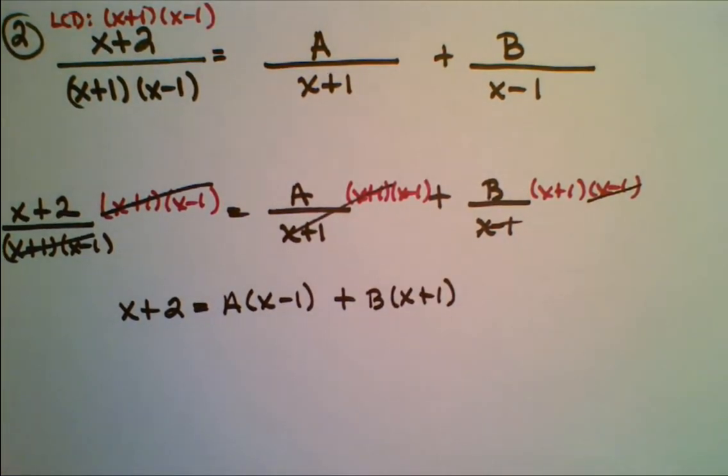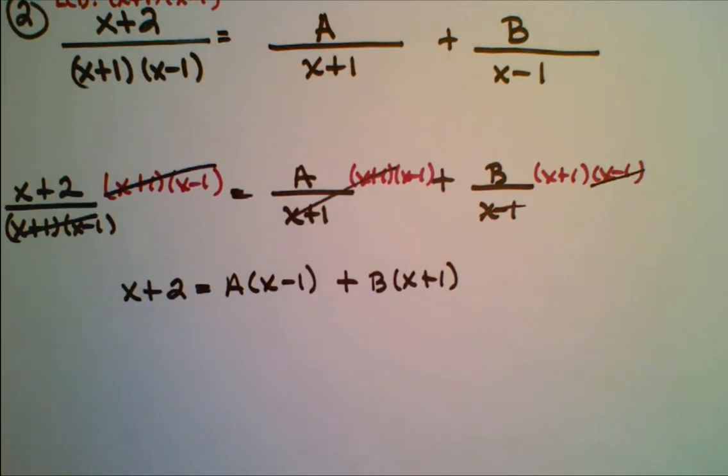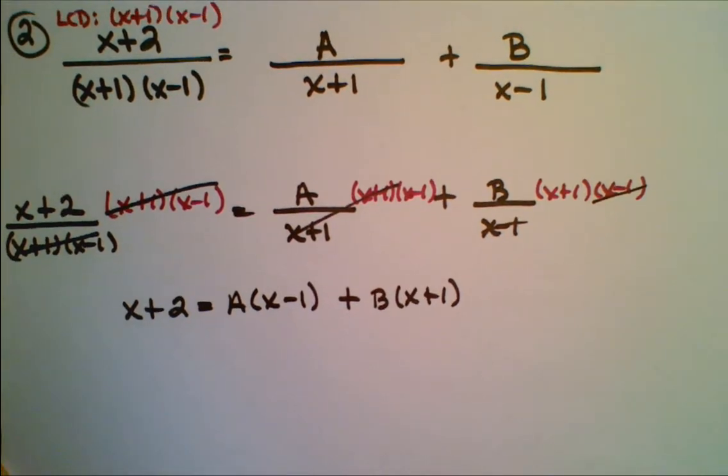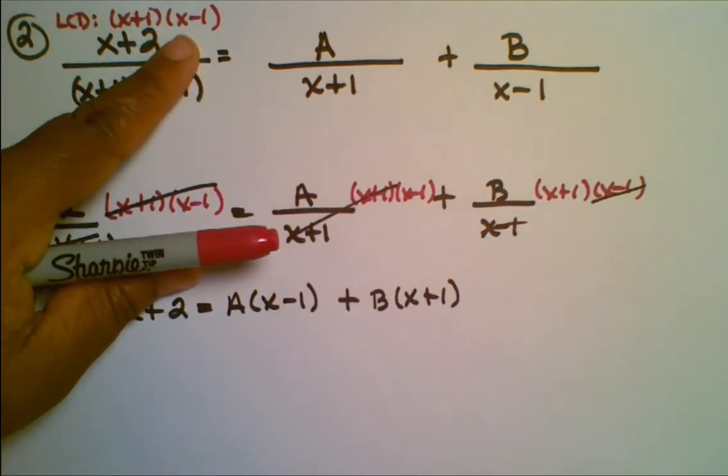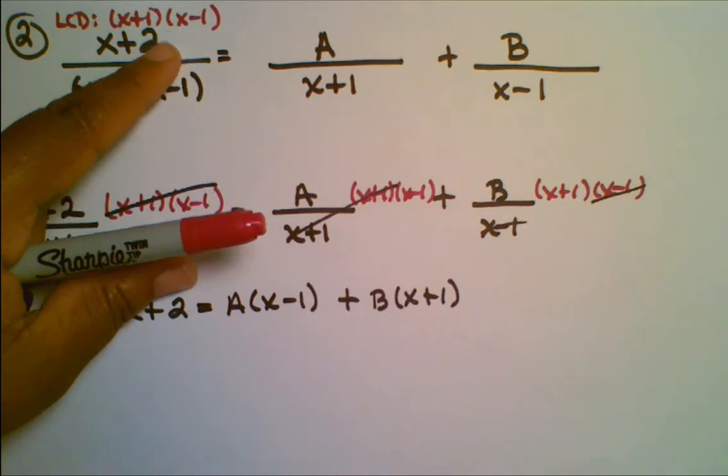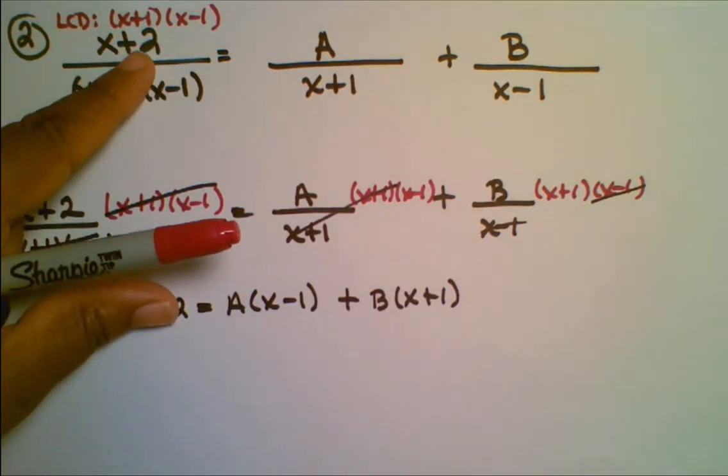Now let's find A and B. We can use substituting the roots, or finding the zeros. The way you do that is take those factors we're using for the LCD, set each equal to 0, and solve for x.